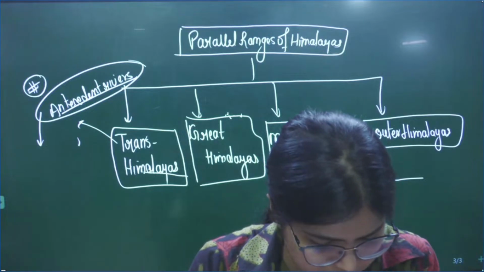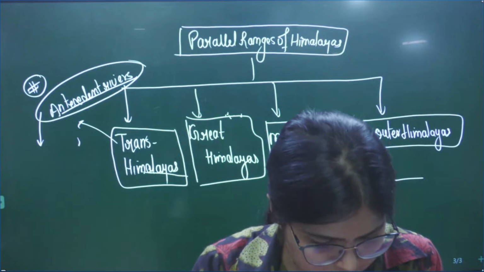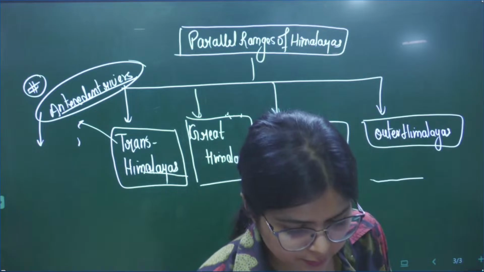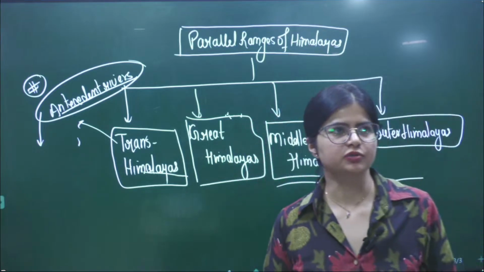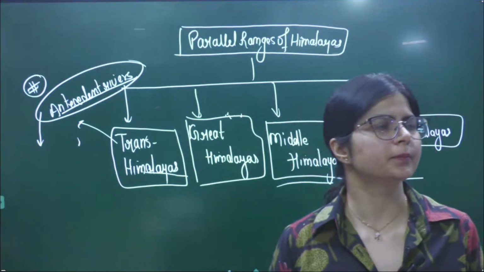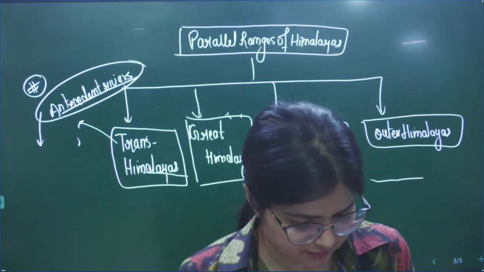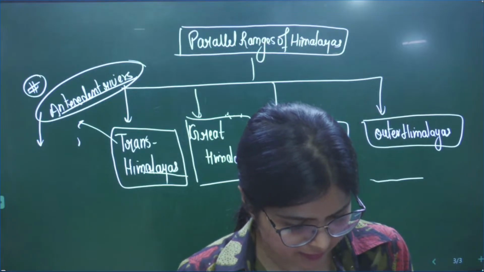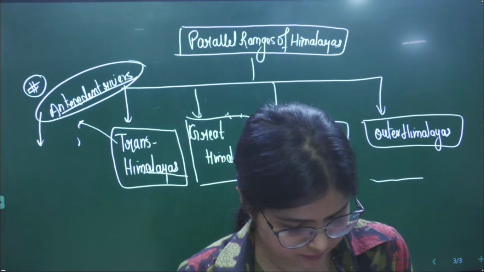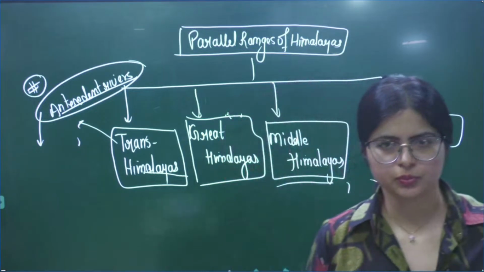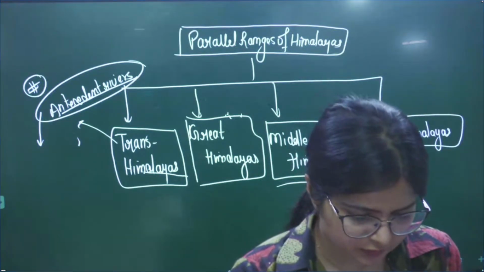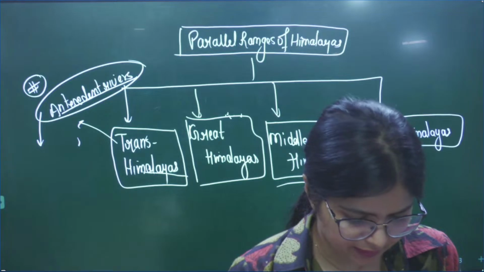An antecedent river is a river that was established before the surrounding topography began to rise, and maintains its original course by cutting through the rising landscape.